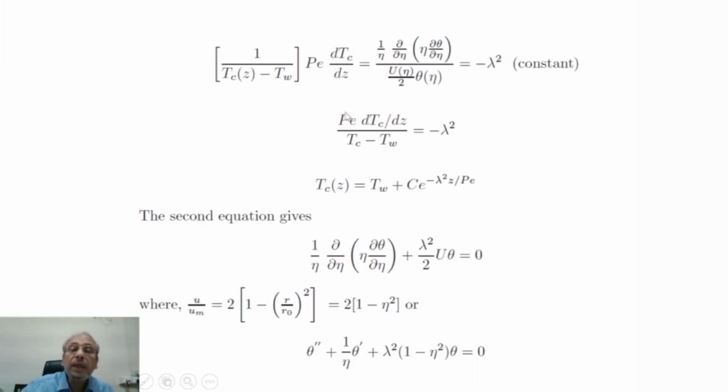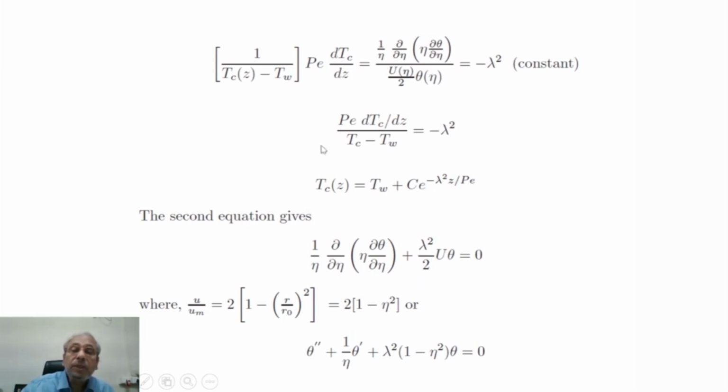So from here we can write Peclet number into dTc dz divided by Tc minus Tw equal to minus lambda square, which will give us basically the variation of center line temperature Tc as a function of z equal to Tw plus C e to the power minus lambda square z by Peclet number.